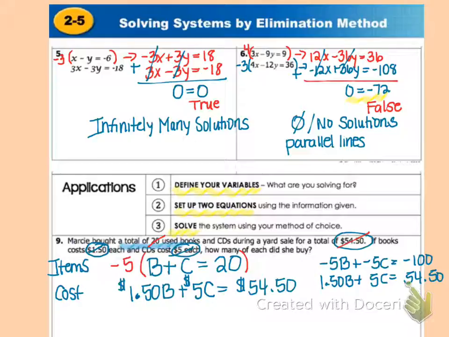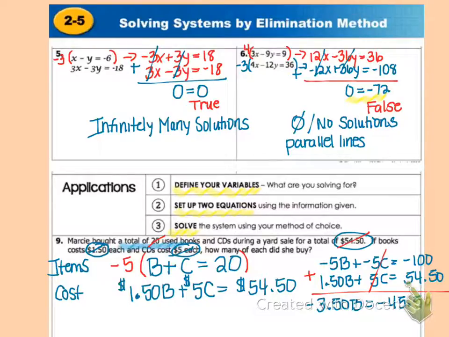And now I could go ahead and just add my equations, because since these were opposites, these are going to just cancel right out. My C's will cancel out. My B's add up to -3.50 times B, and then the constant terms on the other side add up to negative $45.50.